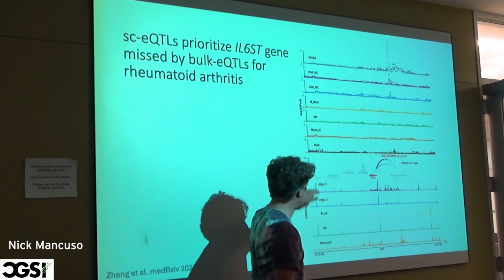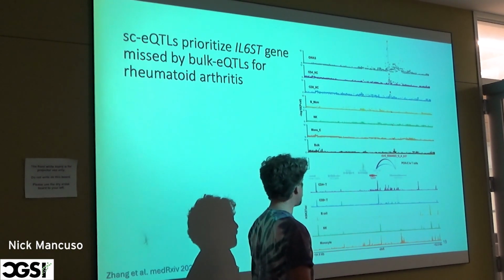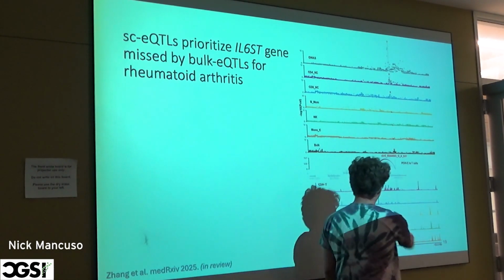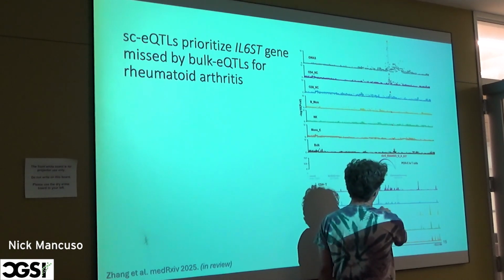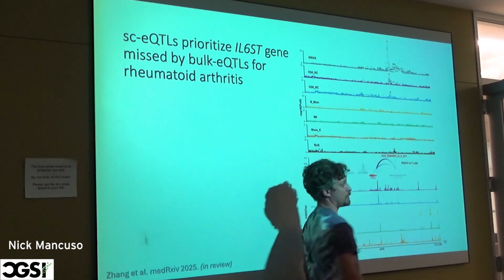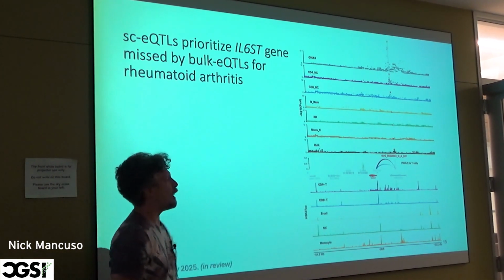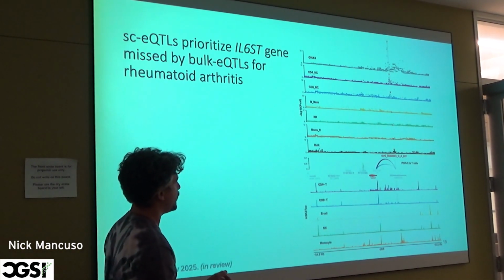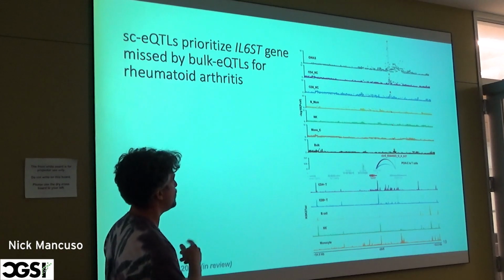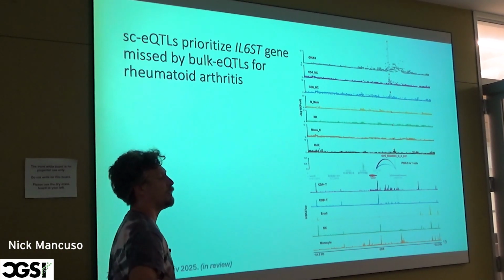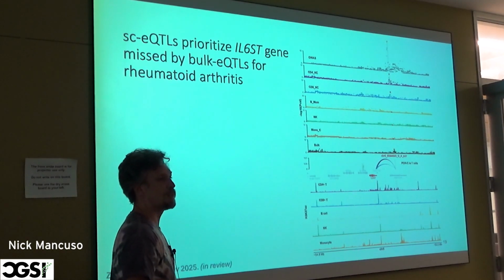Similarly, when we integrate markers for active transcription, we see peaks in the matching cell types, both around the promoter as well as where the risk region is. So this points to this particular variant possibly dysregulating IL-6ST in these two cell types, which then leads to rheumatoid arthritis risk downstream.